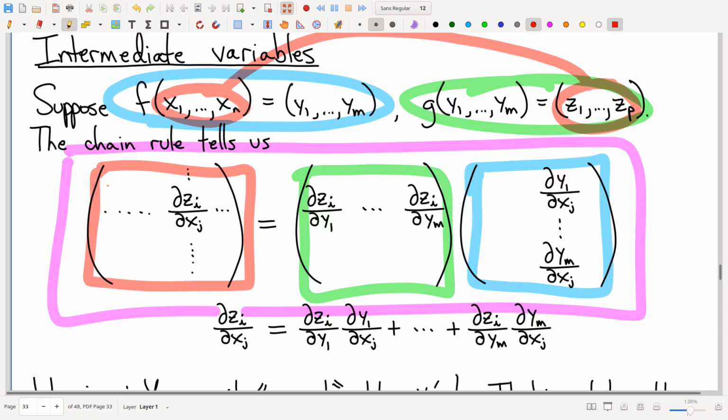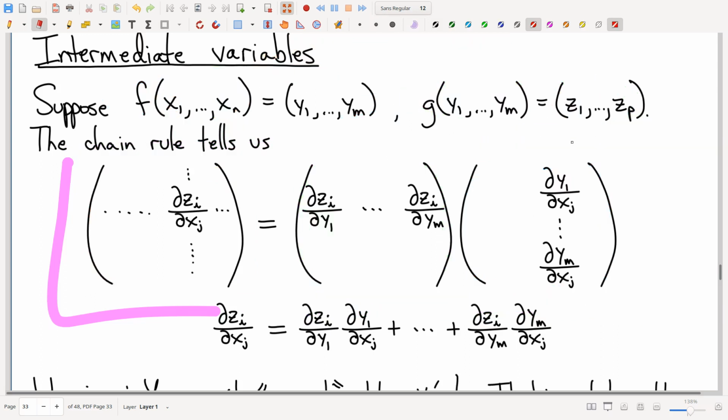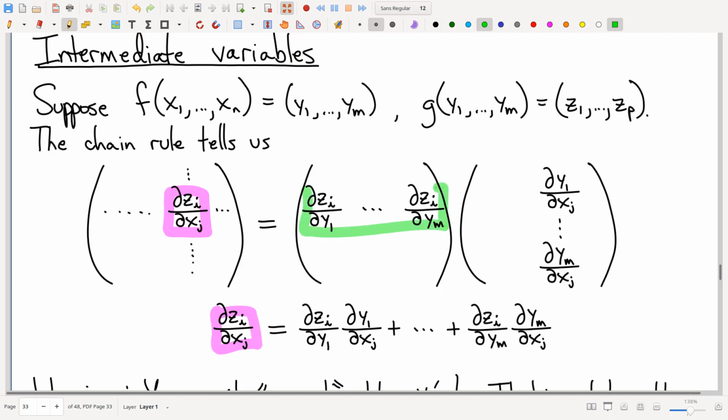So with this all having been set up, a reasonable question comes up: how would I compute a particular element of this composition derivative matrix? Forget about all the others. If I just want to know this one partial, how would I compute it? An element of a matrix is row dot column. So this is going to be the dot product of these with those.